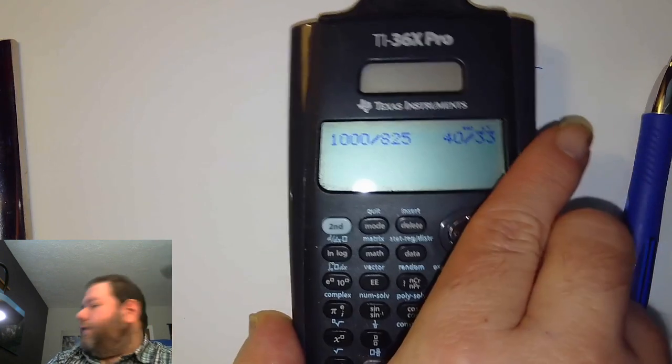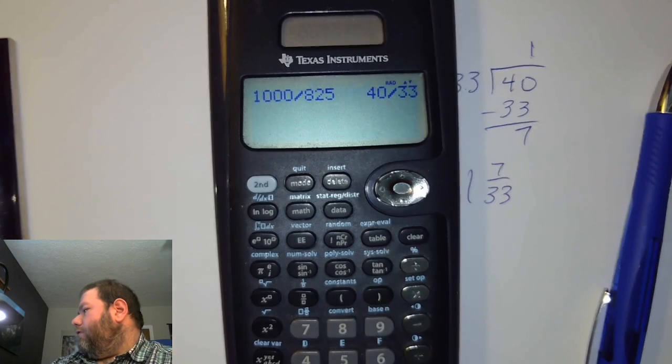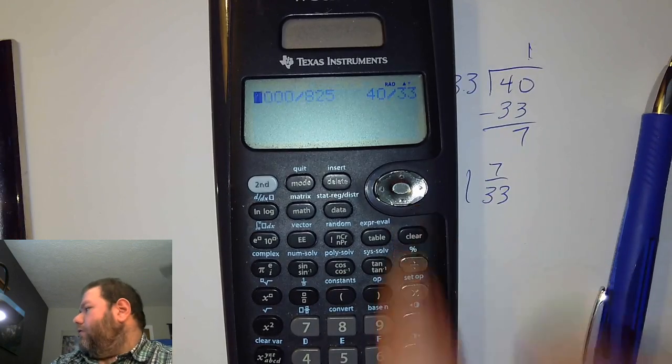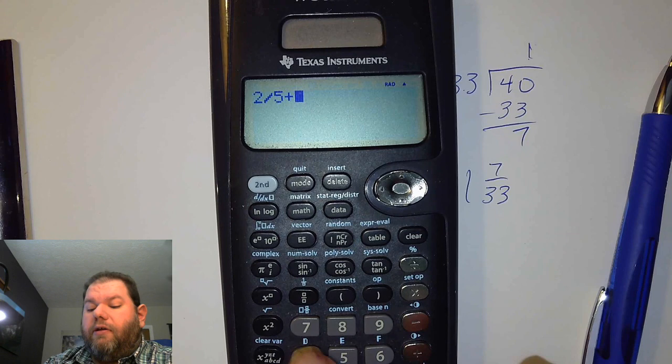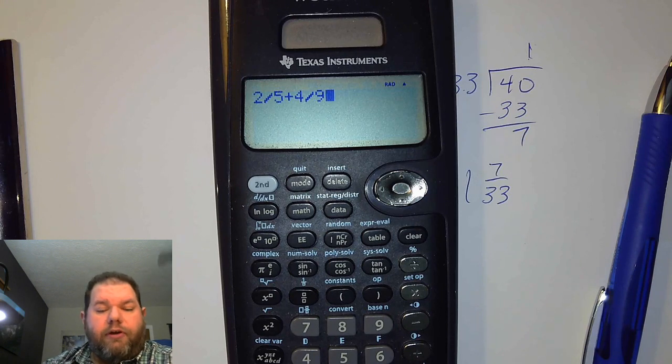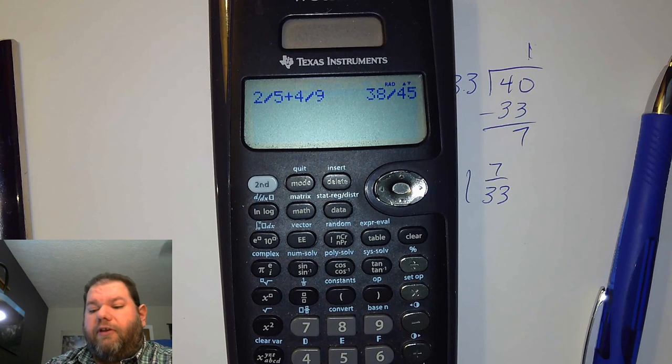So, for instance, if we want to find 2/5 plus 4 over 9, notice that they don't have a common denominator, but the calculators actually sort out what the common denominator is and successfully combine the 2 fractions into a single number.